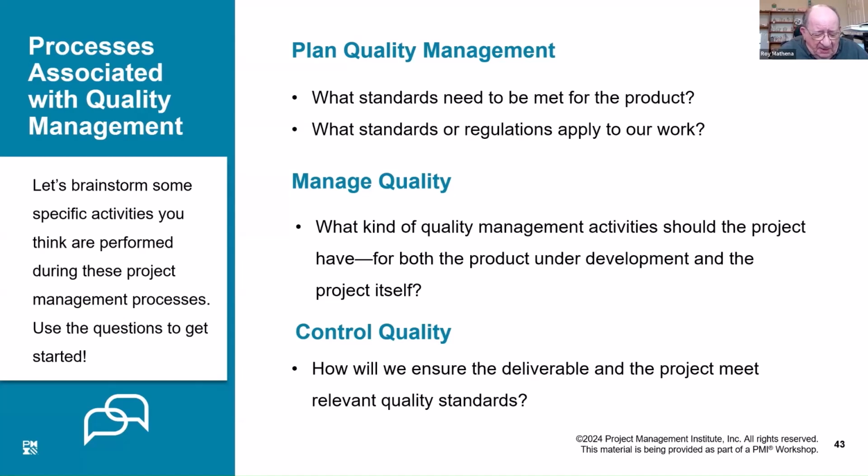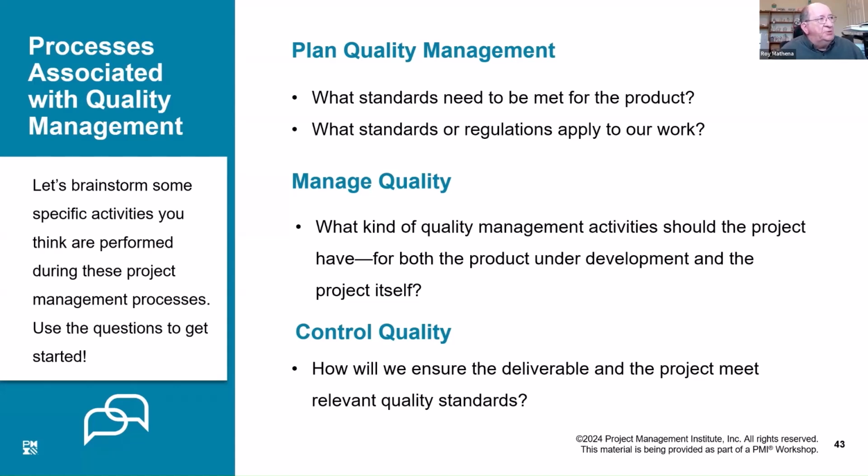In addition to the quality policy, we should also have a continuous improvement plan. As a project manager, in particular, you are always concerned and want to have continuous improvement. You have a continuous improvement plan as a part of that quality management plan. It specifies what standards need to be met for the product, what standards or regulations apply to the work.